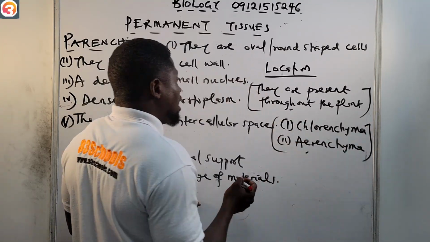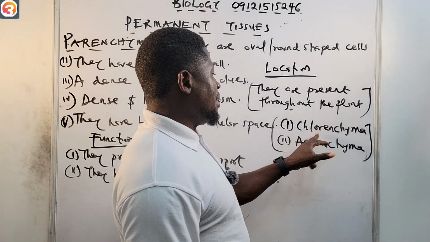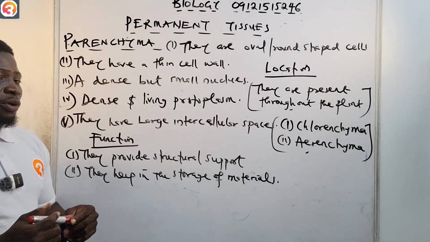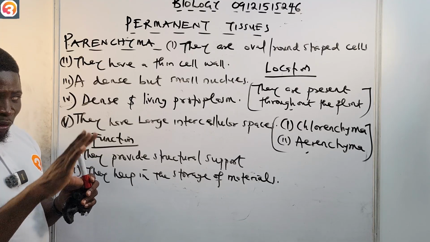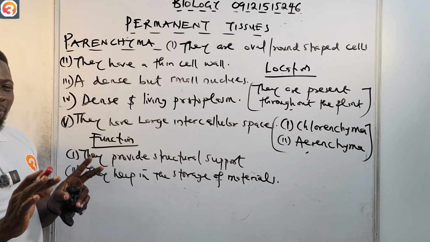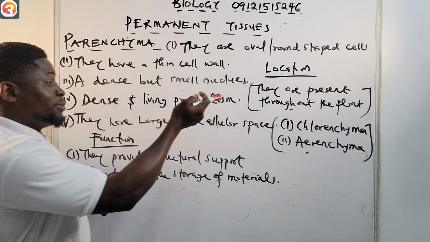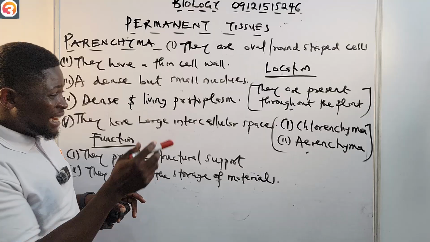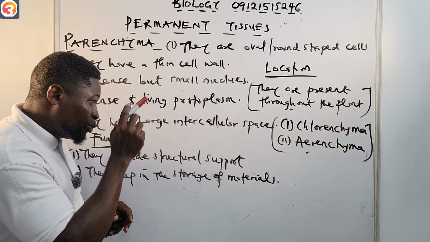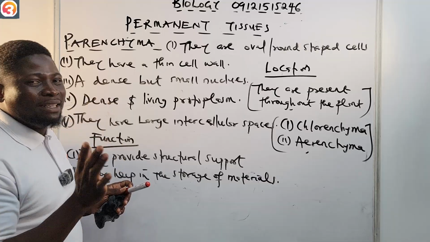Now let us see the characteristics of both of them, so that we can differentiate between them, and why it is very, very important. Many students will never want to read this, and that is where JAMB or WAEC want to ask questions from. That's why I am not supposed to leave anything behind.